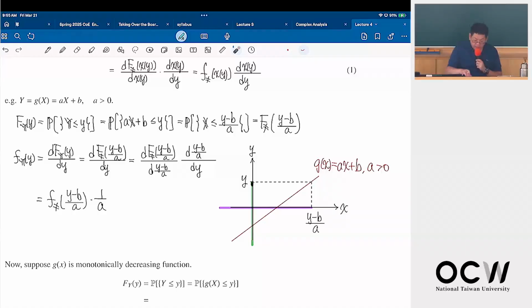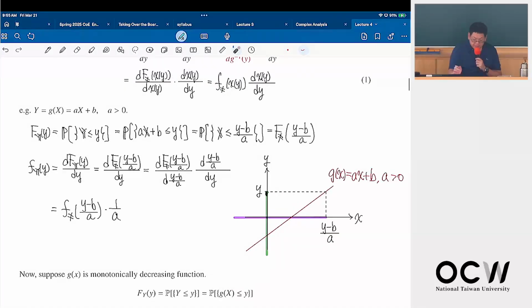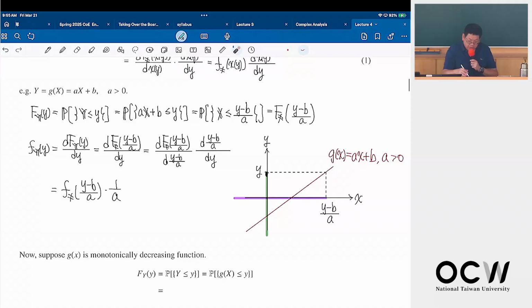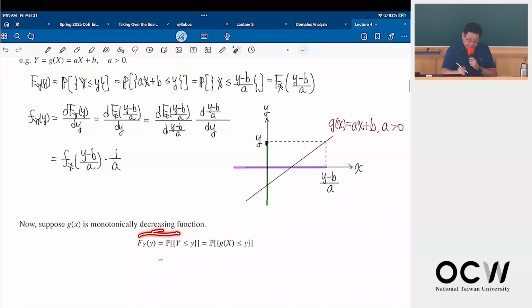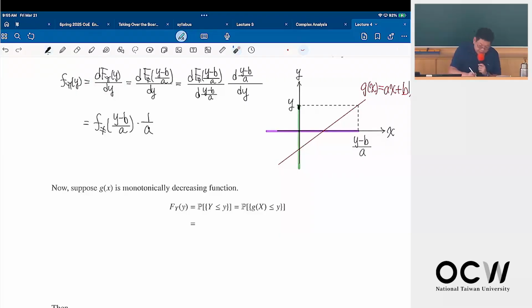Now, we assume that this is monotonically increasing, but how about if the function g is monotonically decreasing? If it is decreasing, let's draw this decreasing function here.